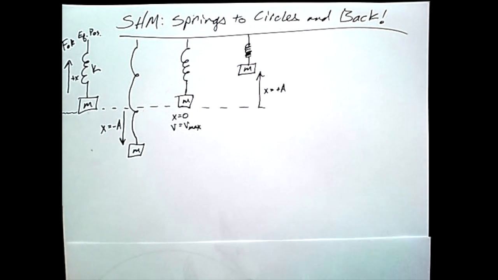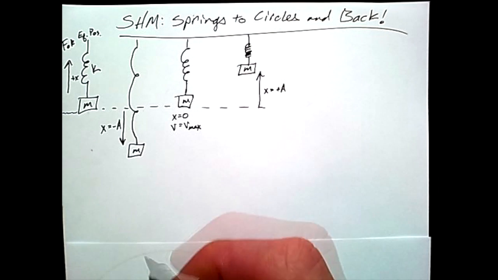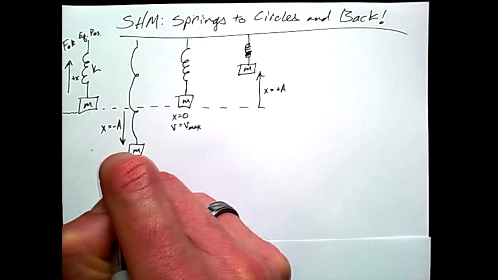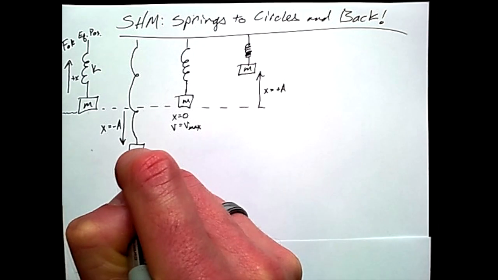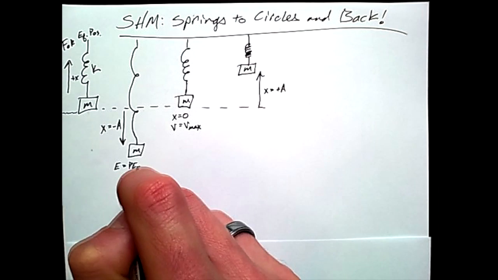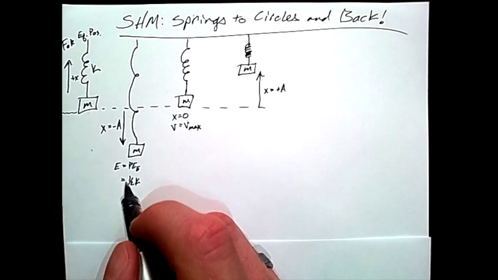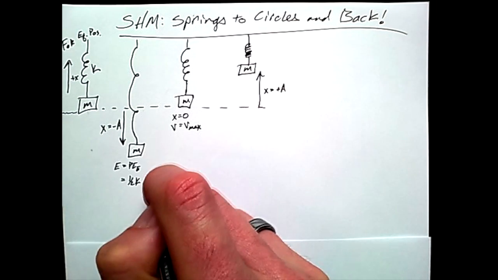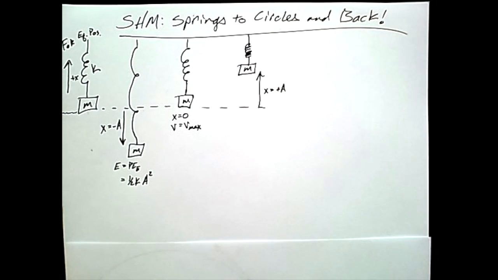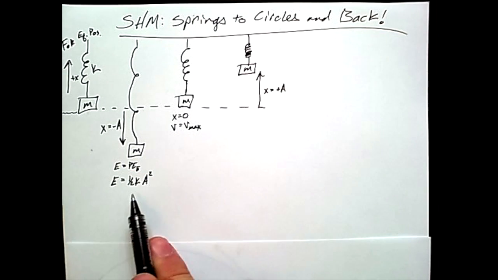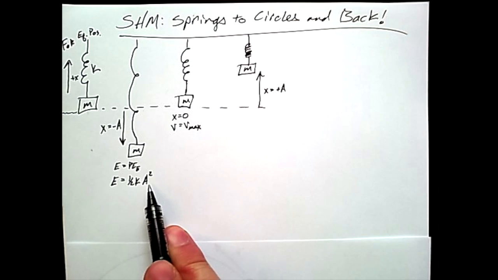If we then define the total energy stored in the system at each position, we could say that the energy here is entirely elastic potential, which has the formula equal to 1/2 kx squared, which in this case is A, and the fact that A is negative does not matter because it is squared. So the total energy can be described as 1/2 k times the amplitude squared.